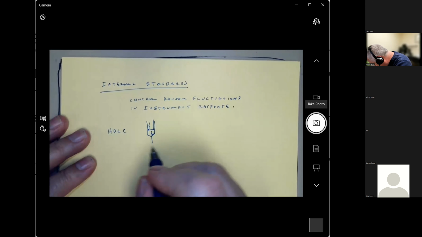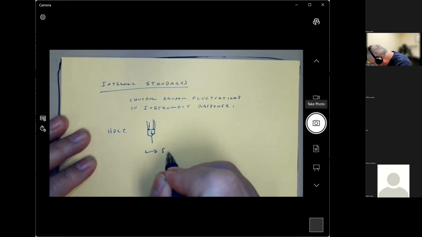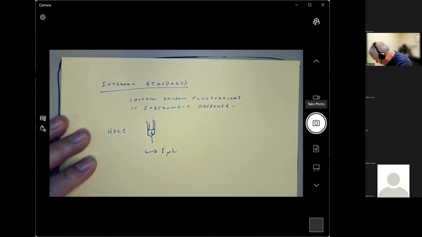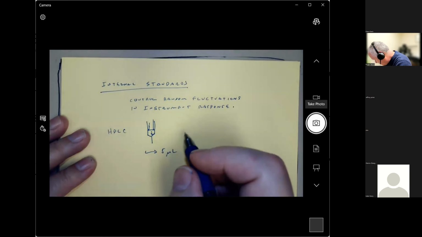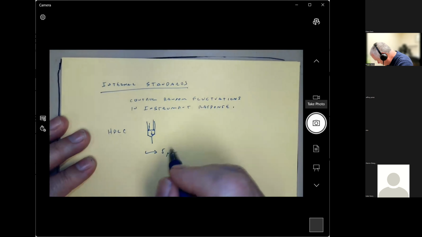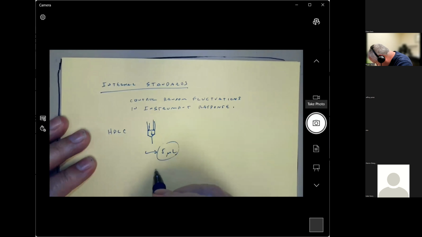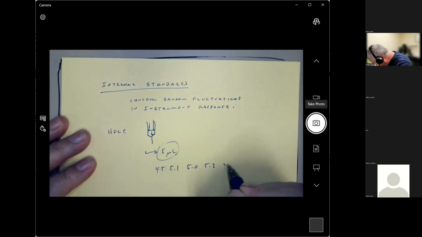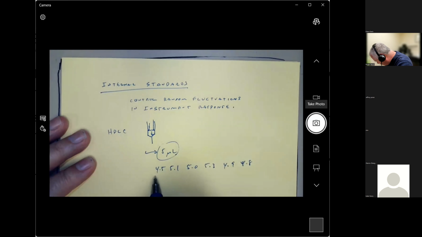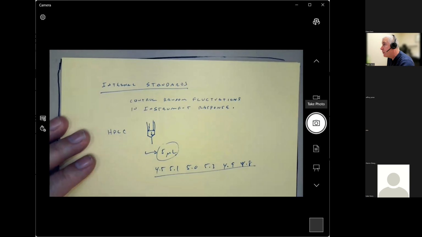Boom, it injects, let's say, 5 microliters, right? Does that make sense? And what if there's some jitter in this and it goes 4.5, 5.1, 5.0, 5.3, 4.9, 4.8, right? There's a lot of jitter in that value.